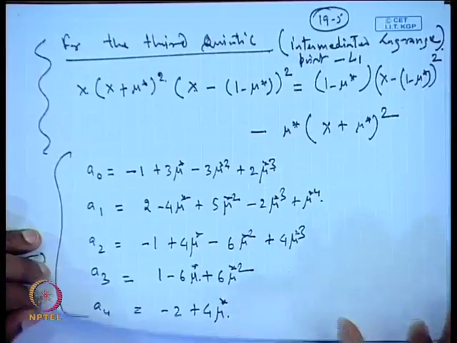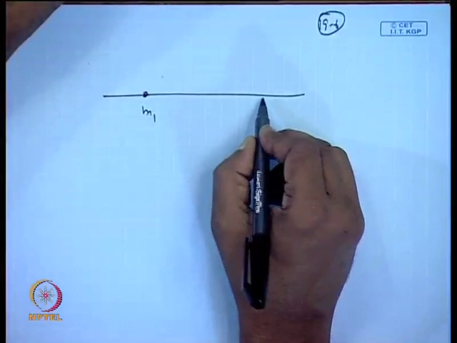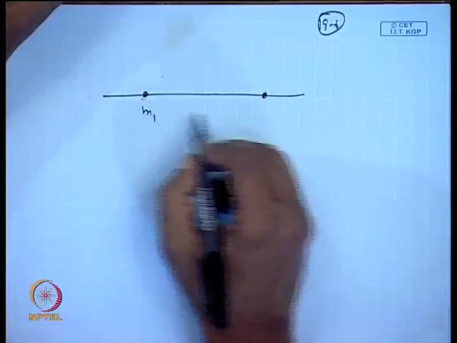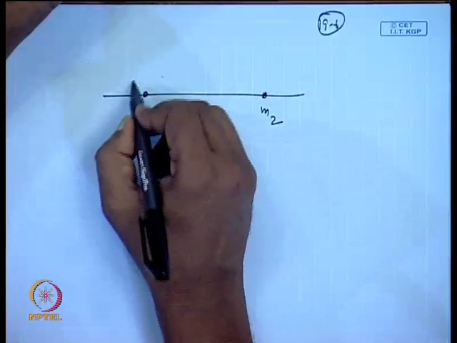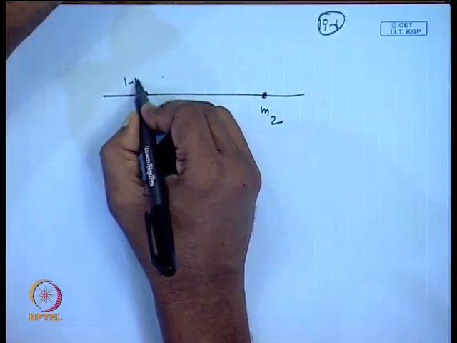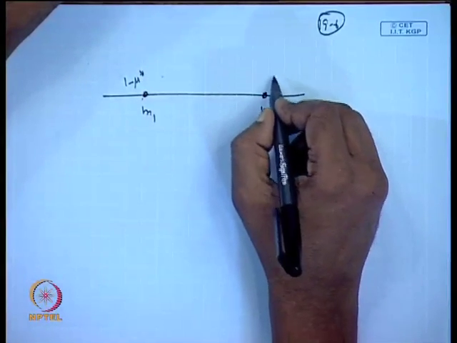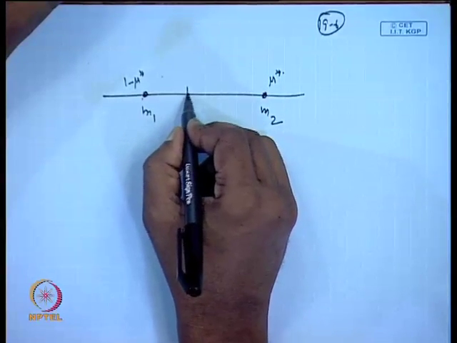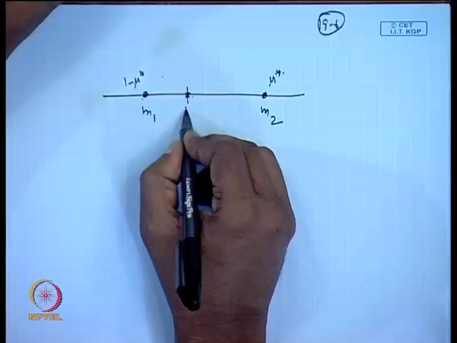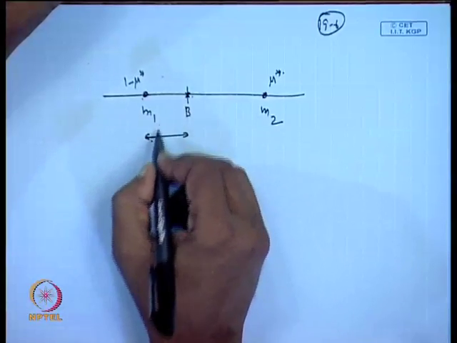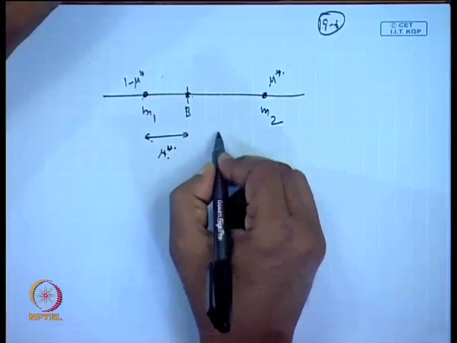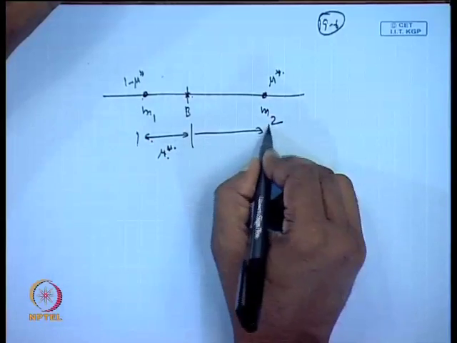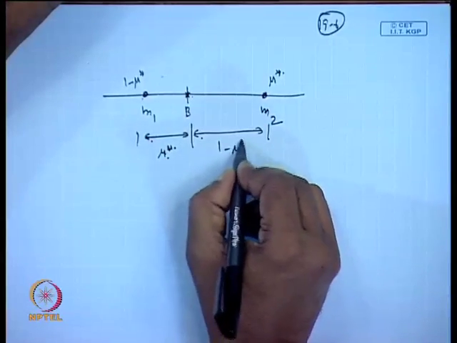So, one caution must be taken care of. Here is our point m 1, and here the mass m 1 is there, another mass m 2 is there, and the mass of this we have written as 1 minus mu star, and the mass of this we wrote as mu star. From the origin of the synodic or the barycentric reference frame, the distance we wrote as mu star, and from here to here the distance we wrote as 1 minus mu star.